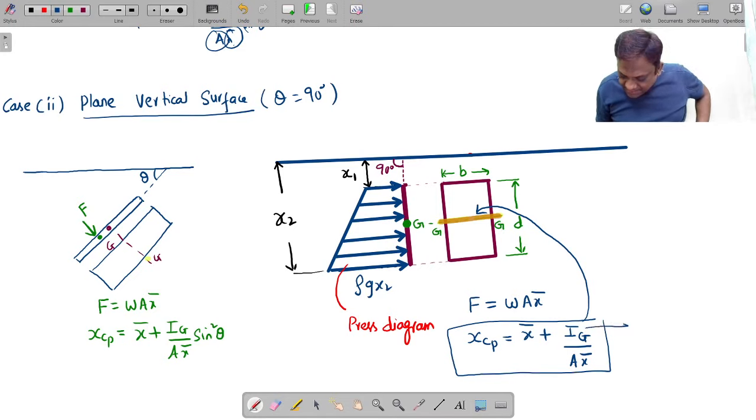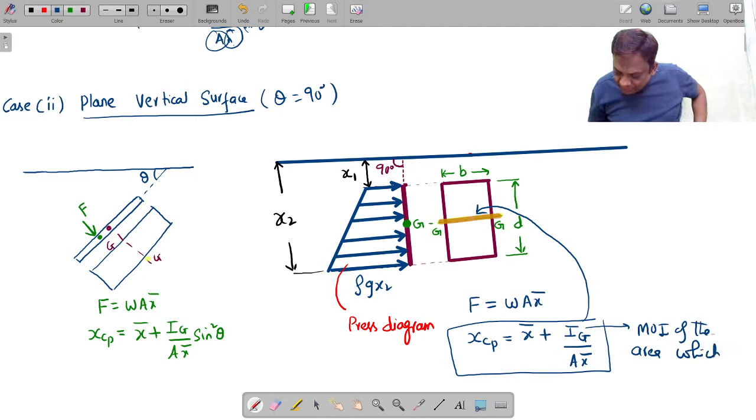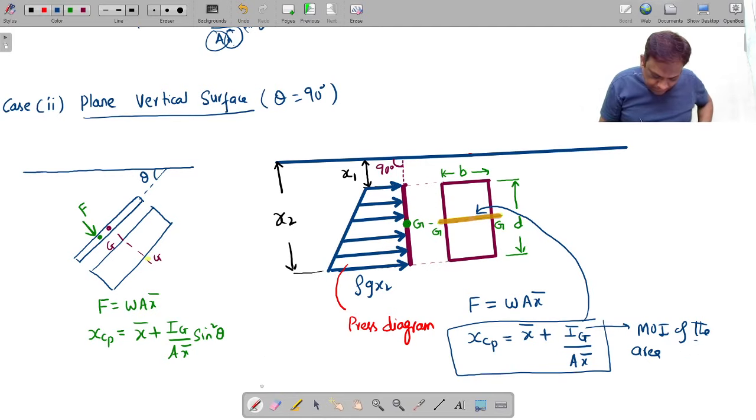So I will write this as it is the moment of inertia of the area about centroidal axis. About centroidal, this is centroidal axis, this is centroidal.